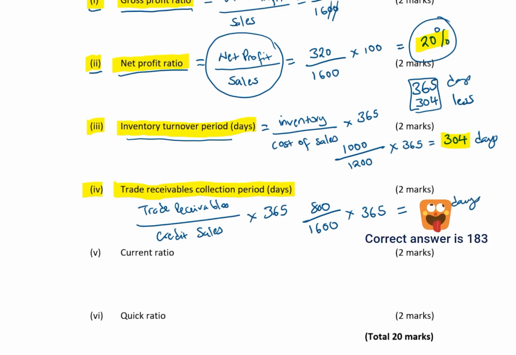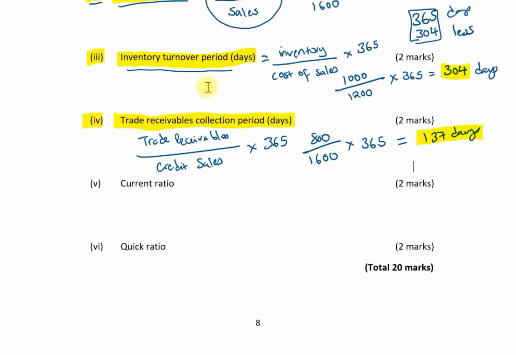So it means that after we have provided a service on credit, we are going to receive our money for that service after 137 days.